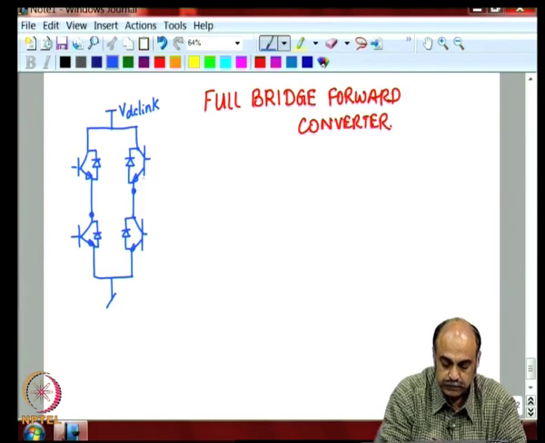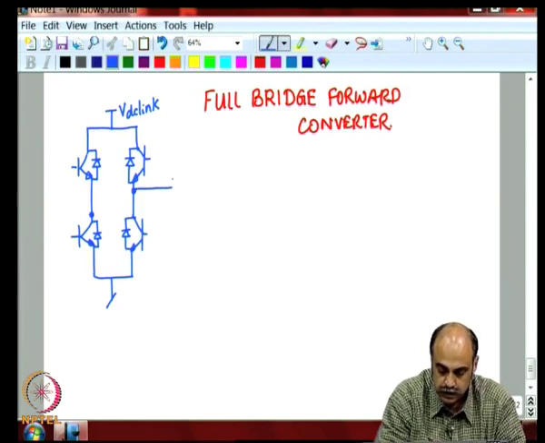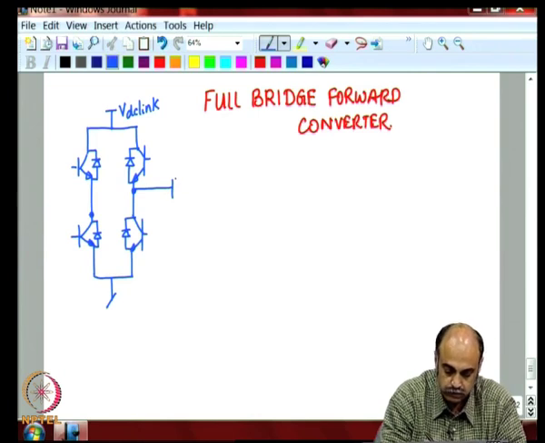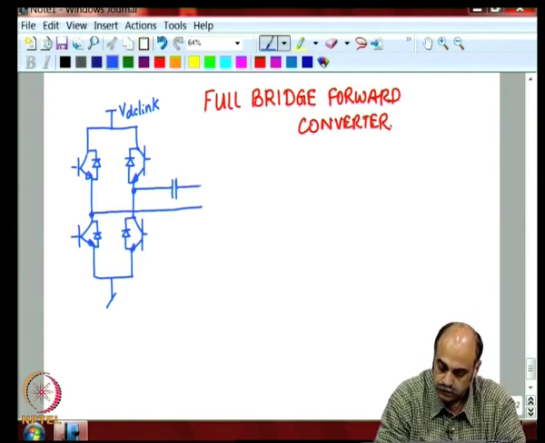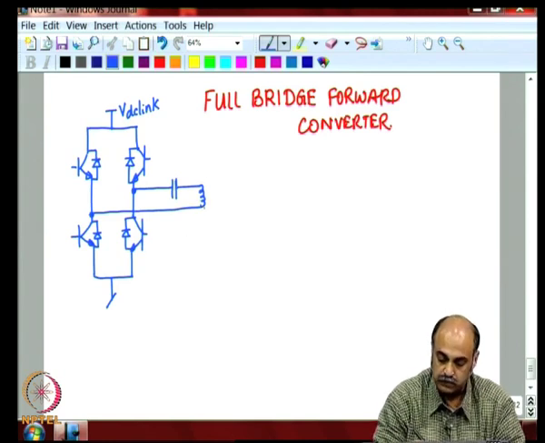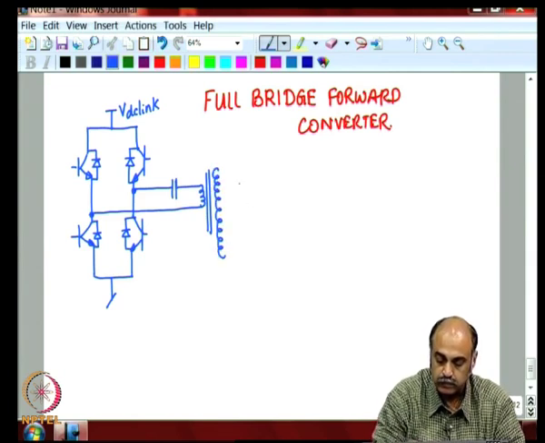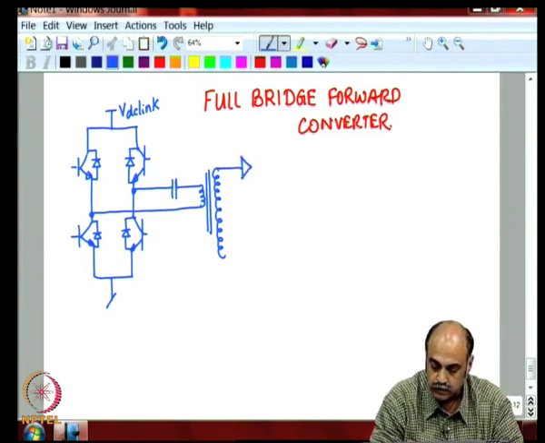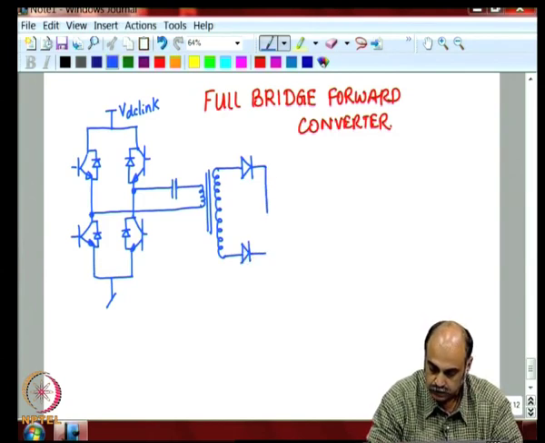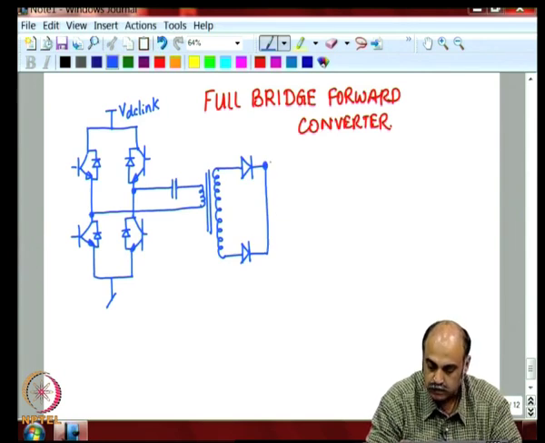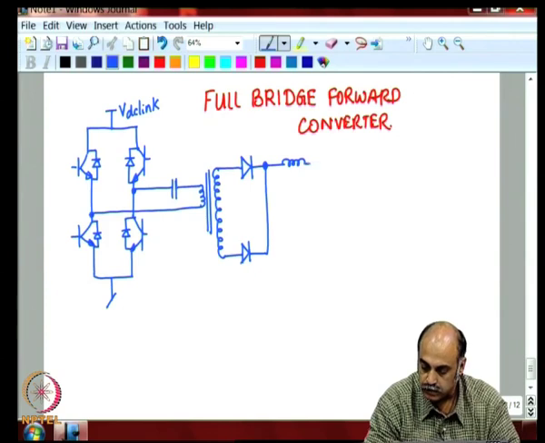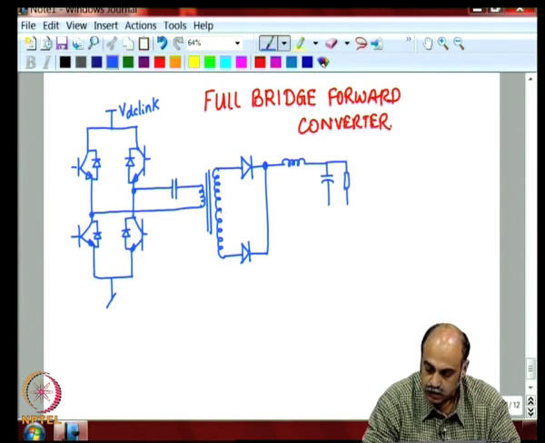Now, this is the full bridge, and from the center portion of the full bridge, you have a transformer, and the secondary of the transformer is connected in this fashion. Like this.